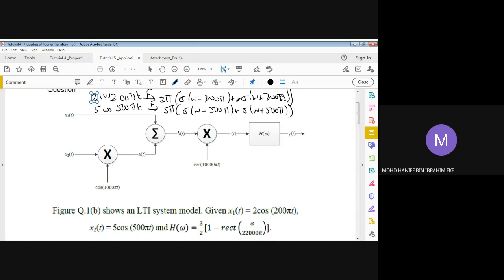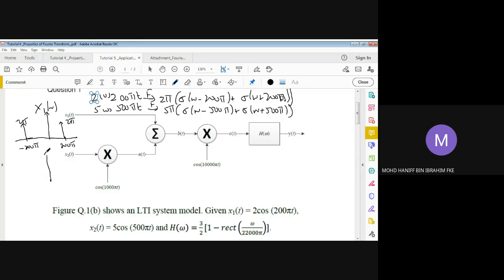So from these two transforms, you can sketch X(ω) straight away. For X1(ω), we are supposed to get two impulses, at negative 200π and at 200π, both with amplitude 2π.